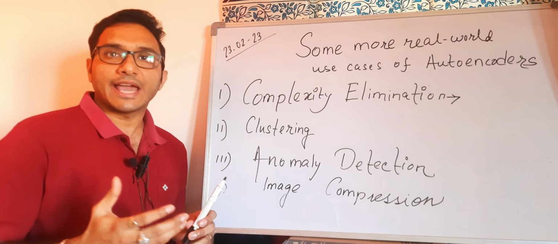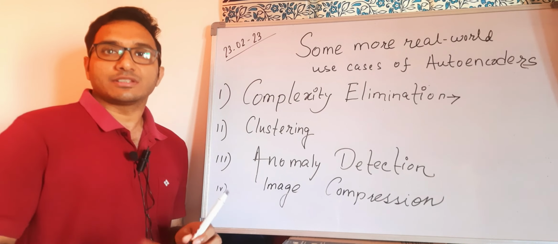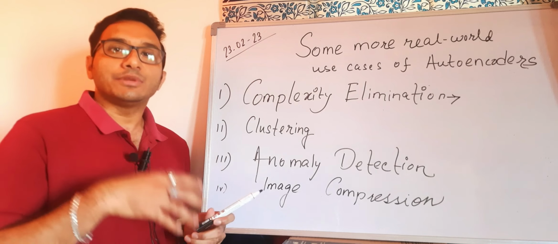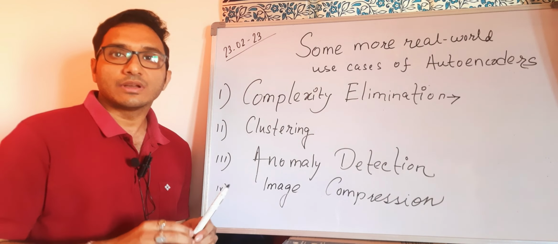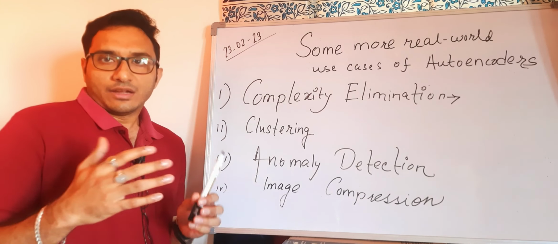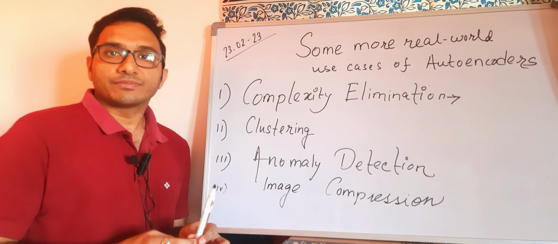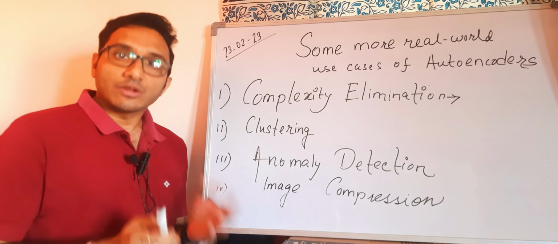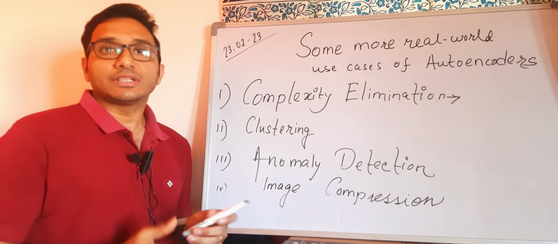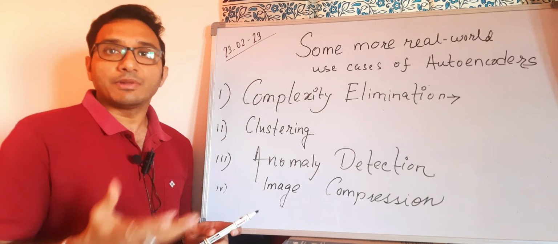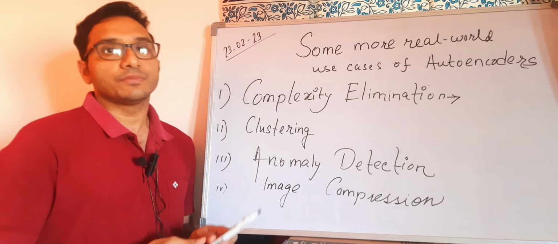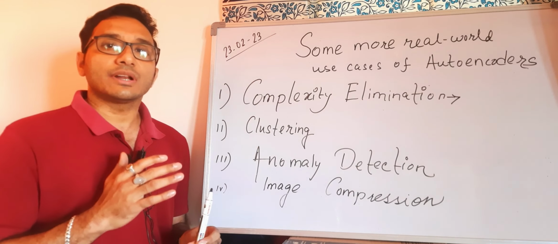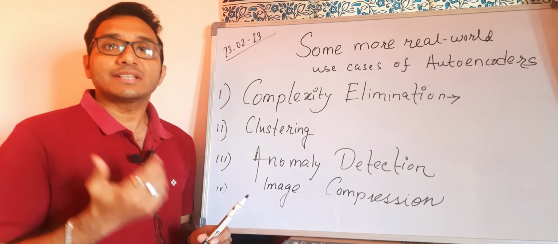When it works on those images, it will reduce the dimensionality of the images. For example, it can make them more simplified. Maybe it can reduce the resolution of the images, so the images are simplified and complexity is reduced. So this is the use case where an autoencoder reduces the complexity of the input data.